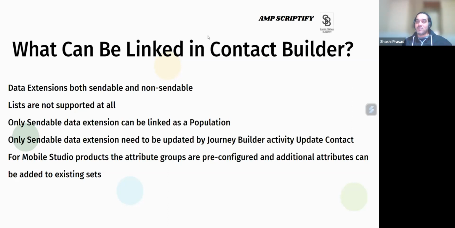Then you can build a relationship with the existing attribute groups. That can also be done for Mobile Studio. And once you synchronize the data extensions and build all those objects, you'll also get another attribute group for the synchronized data extensions.